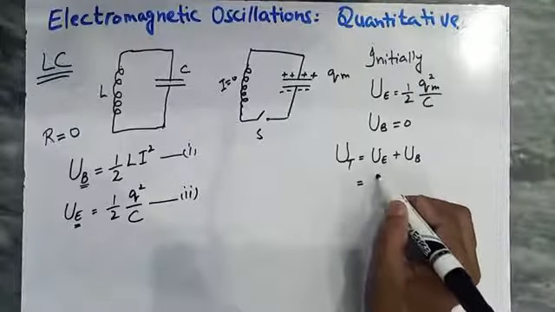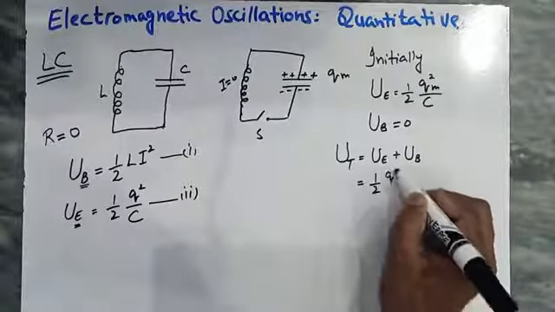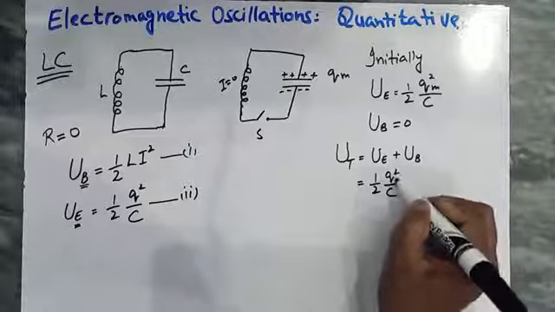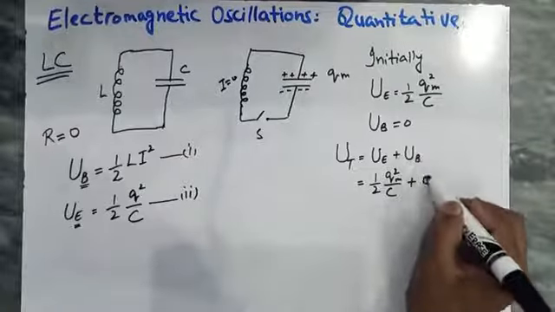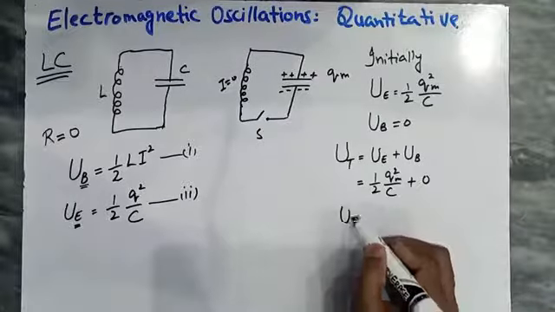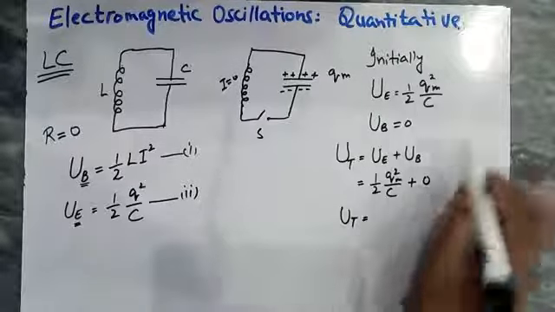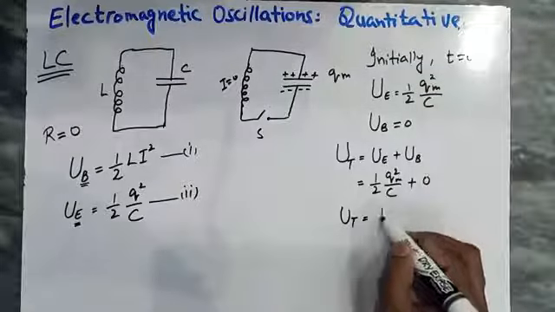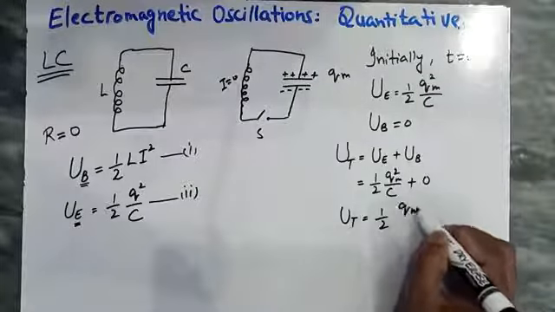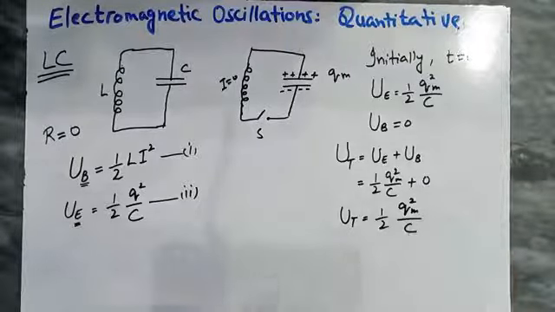So total energy becomes half Q square over C, this is Qm, and this energy is zero. So total energy of our system initially at time t equal to 0 is half Qm square over C.